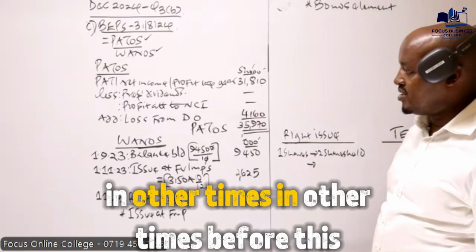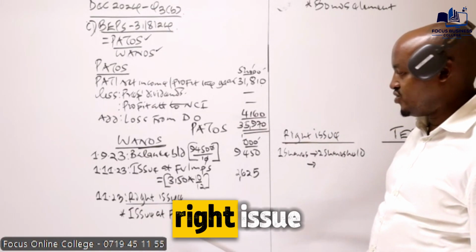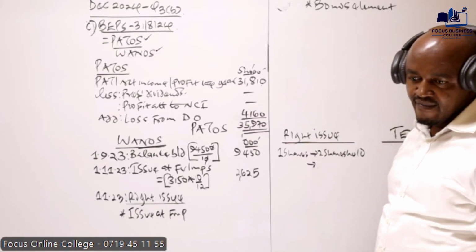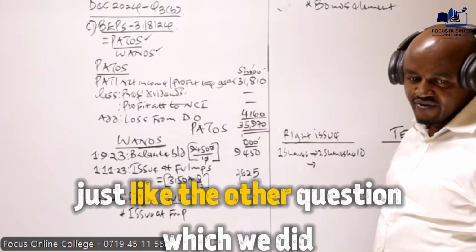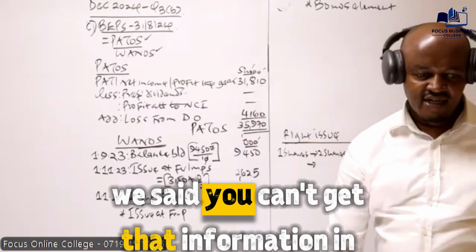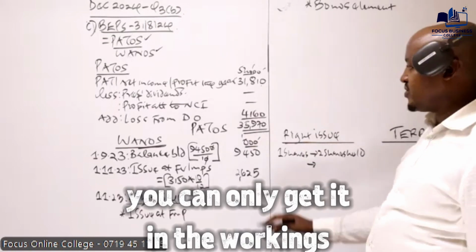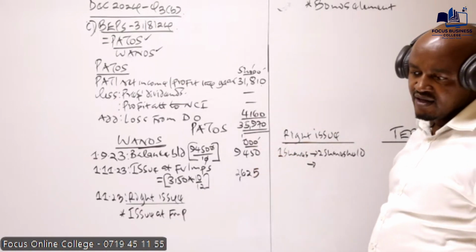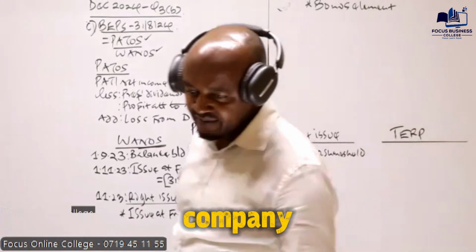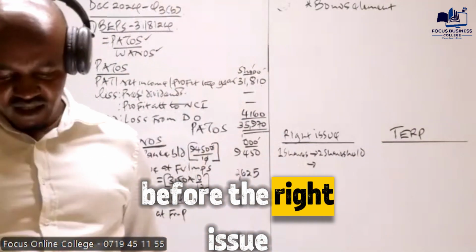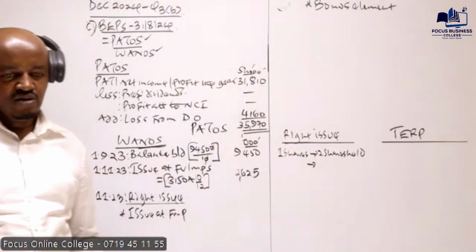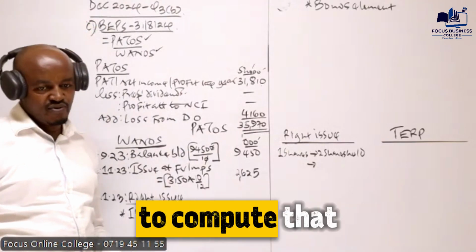In other terms, before this rights issue, how many shares had been issued by the company? Just like the other question which we did, you can't get that information in the question, you can only get it in the workings here.